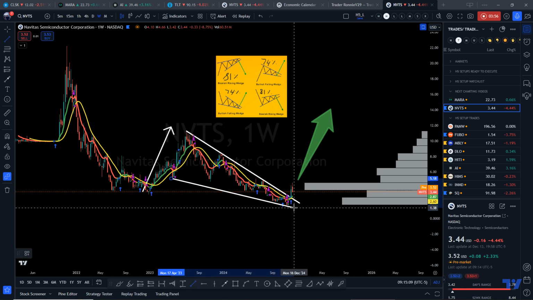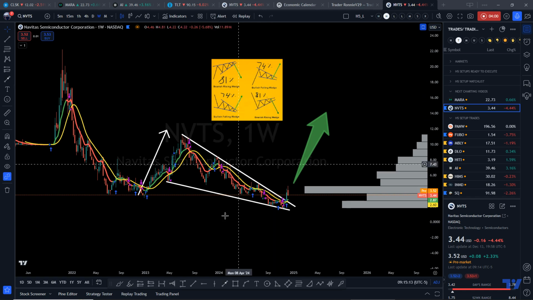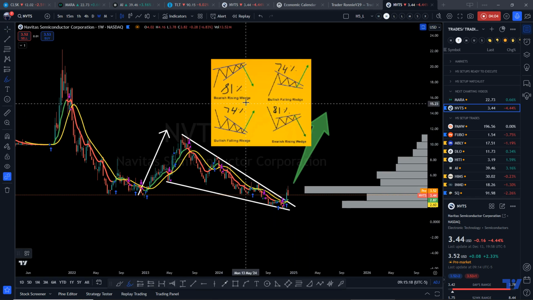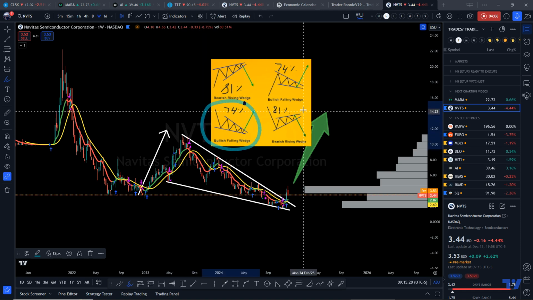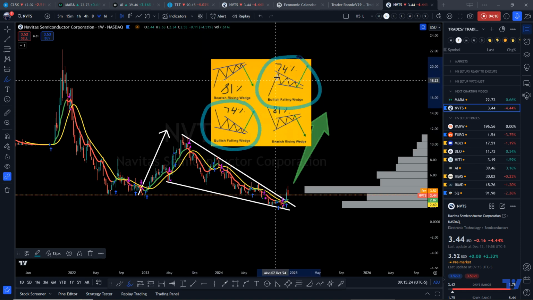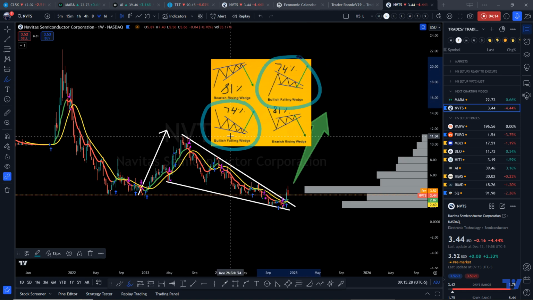And you just draw it like that, and there you go. Now, as you can see, we no longer have this bullish falling wedge. We have an uptrend bullish. I'm just going to call this one an uptrend falling wedge. This one's going to be a downtrend falling wedge. Make it easy. Downtrend falling wedge, uptrend falling wedge. Perfect.